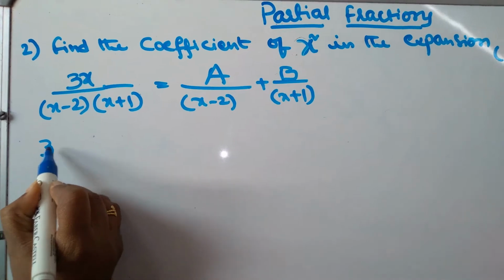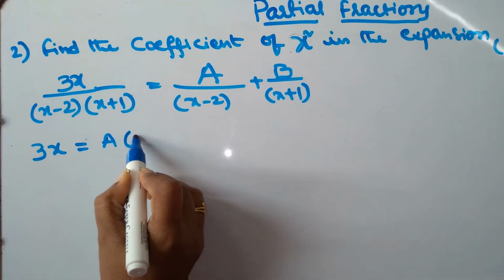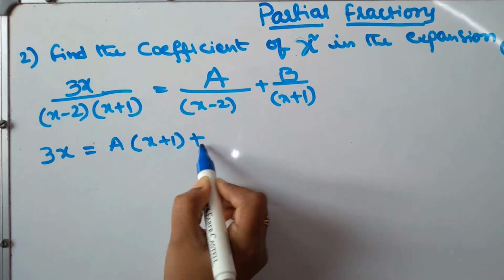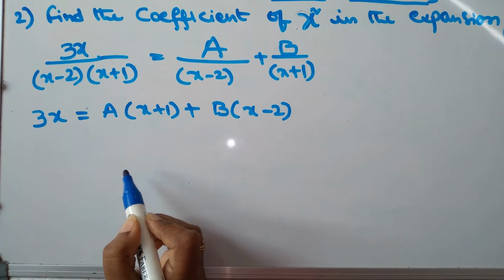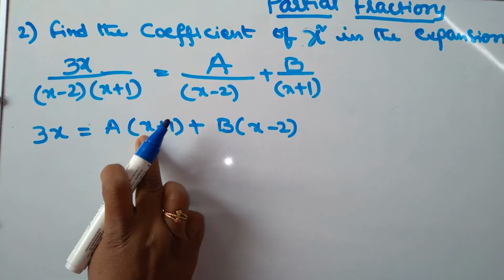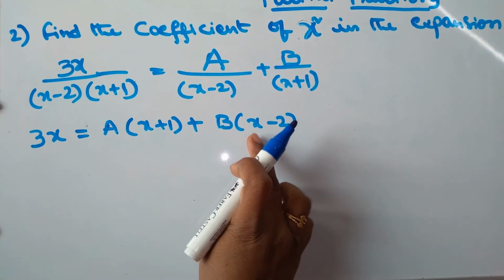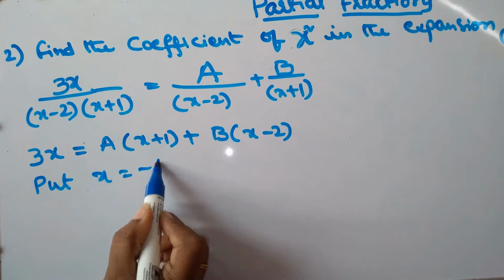Taking LCM and cancelling out the denominator, we get 3x equals to a into (x plus 1) plus b into (x minus 2). In order to find a and b values, we have to first put x equals to minus 1 and then put x equals to 2. So first put x equals to minus 1.